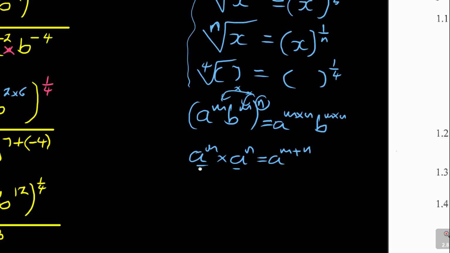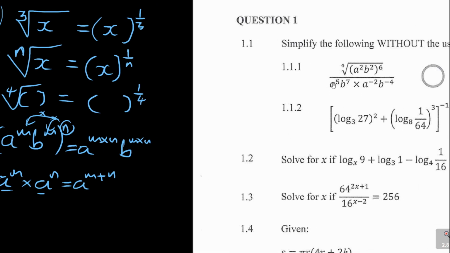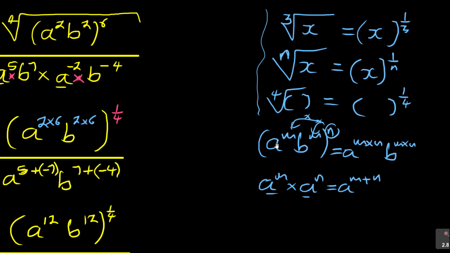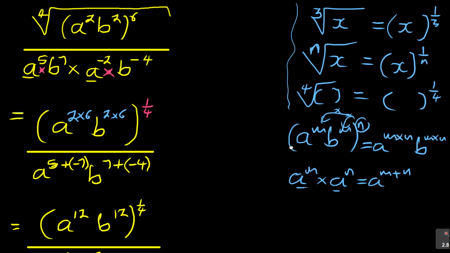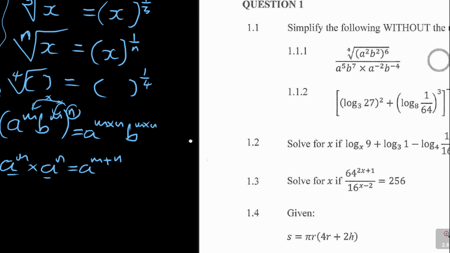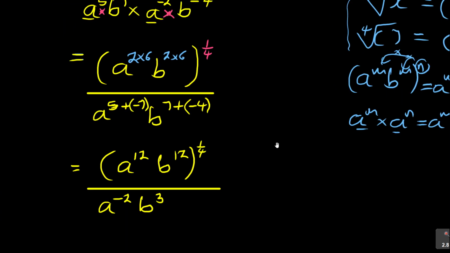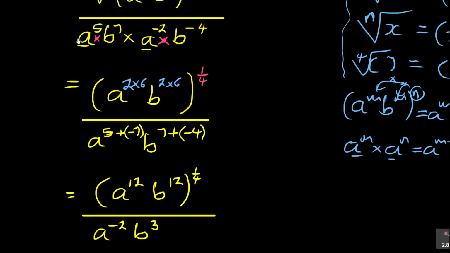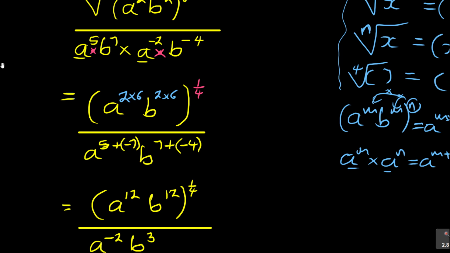So let me just check again if I did this. A5 B7, which is correct, and a negative 2 b negative 4. So yeah, I did write it right. Now I see where I'm actually making an error here, because look at this.